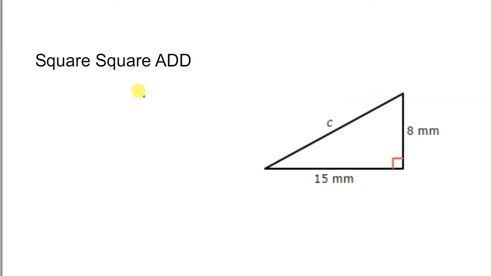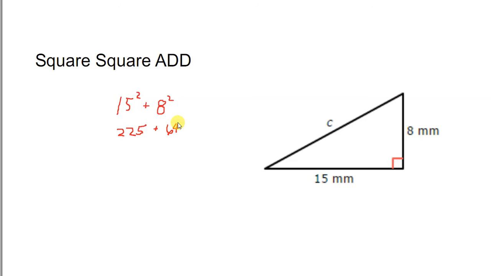Okay, it's going to be 15 squared. So I do 15 squared plus 8 squared. So 15 squared is 225. 8 squared is 64.